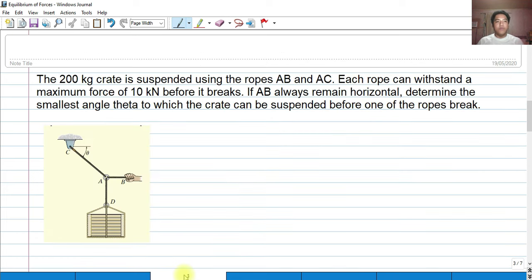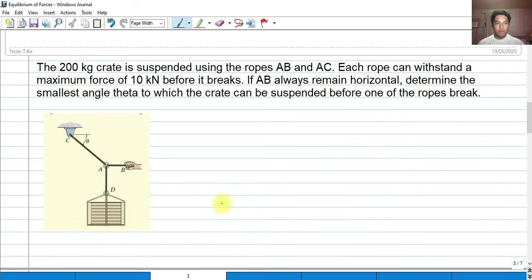Okay, let's continue. So for the number 2 problem, let me just read this. The 200 kilogram crate is suspended using the ropes AB and AC. Each rope can withstand the maximum force of 10 kilonewtons before it breaks. So the maximum allowable force in the tension AB and cable AC is 10 kilonewtons. Meaning if it exceeds 10 kilonewtons, the ropes will break.